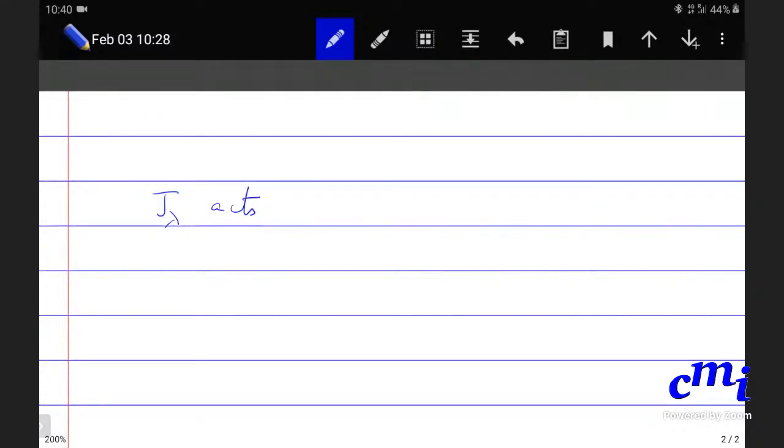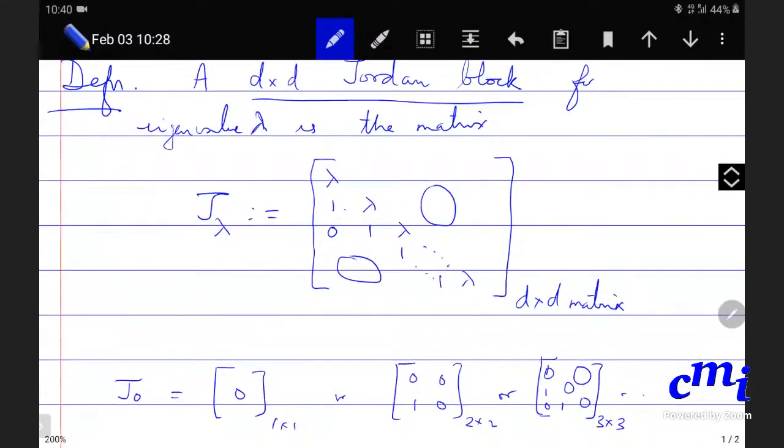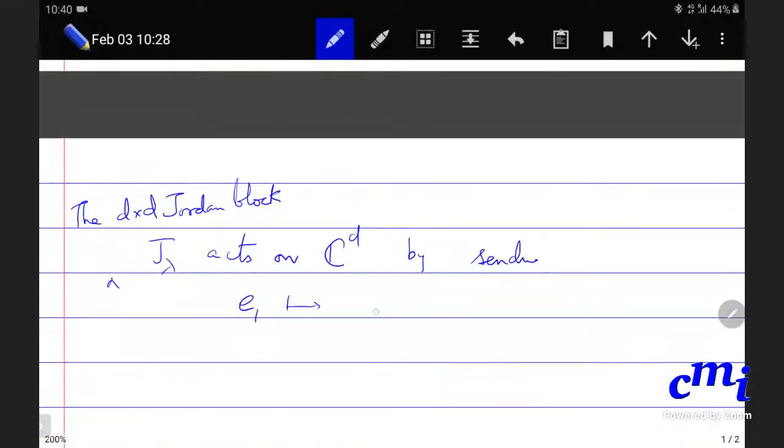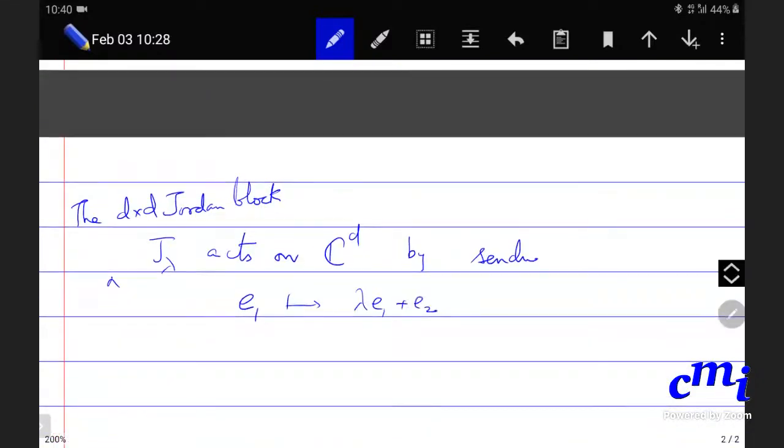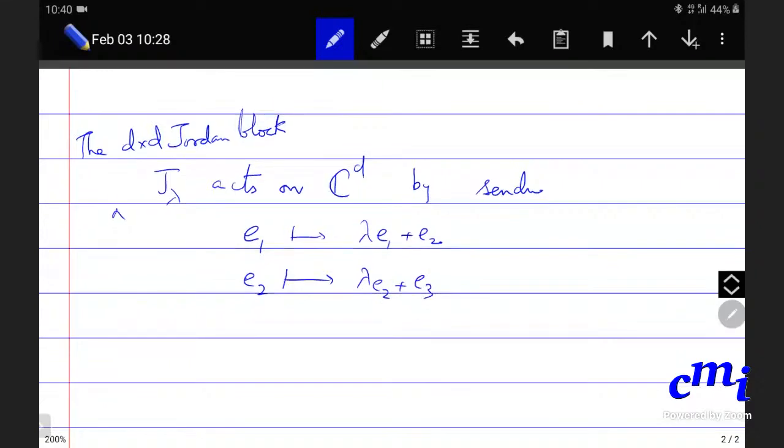So this goes back to the calculation we did yesterday. J acts on C^d. So this is the d by d Jordan block. It acts on C^d by sending E1 to lambda E1 plus E2, E2 to lambda E2 plus E3, and so on.